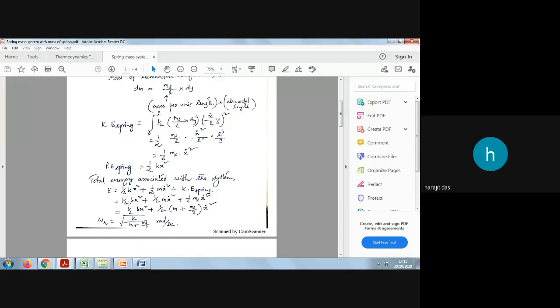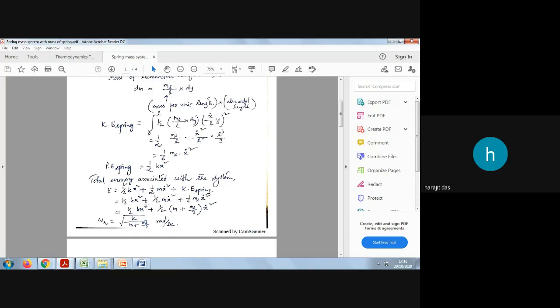If you rearrange all these terms and simplify, you will get half kx square. Now you can add these two terms because the x dot square term is there in both. Taking half common, we get half m plus ms by 6, as it is 2 here and 3 here, so ms by 3, bracket close, x dot square.